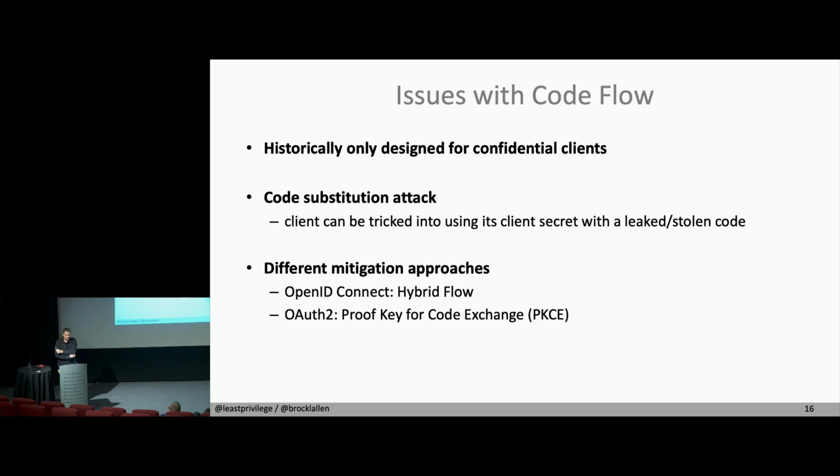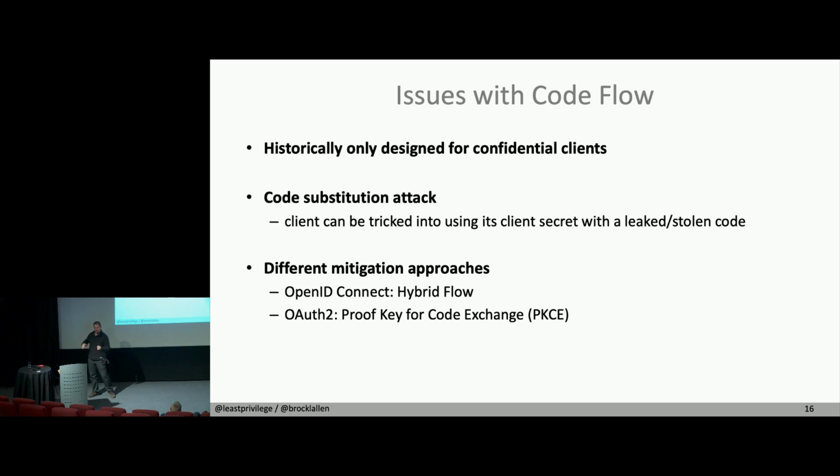This is a problem because there's no way to protect against it in pure OAuth, yeah? So that's why there are a couple of mitigation techniques out there. The first mitigation technique, and it is older, to be honest, comes from OpenID Connect. Yeah?